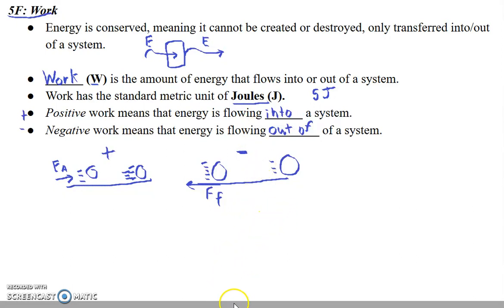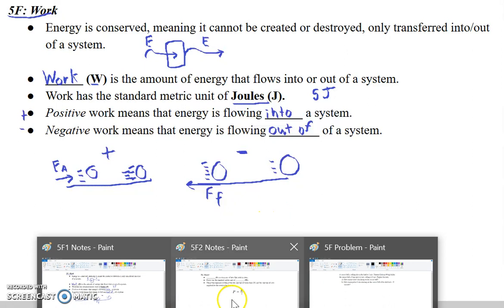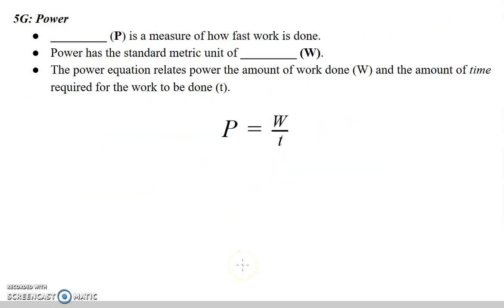Now the next idea we're going to talk about is power. So power is really determining how fast work is being done. Power, abbreviated P, is a measure of how fast work is being done, or how fast that energy is being transferred.